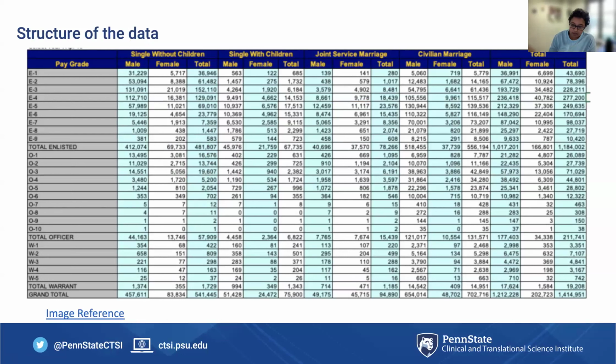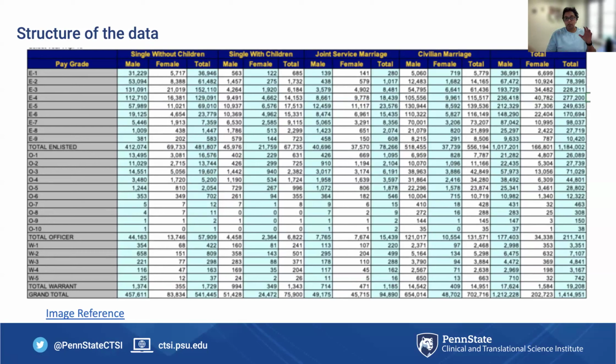This is a very simple example. It shows the number of active service members by their pay grade, marital status, and biological gender. If you take this report as it is for statistical analysis, we need to reformat this data to be able to use it in an analysis.